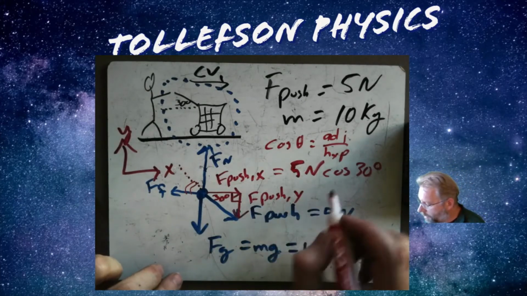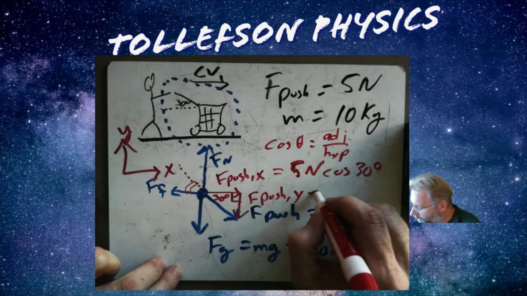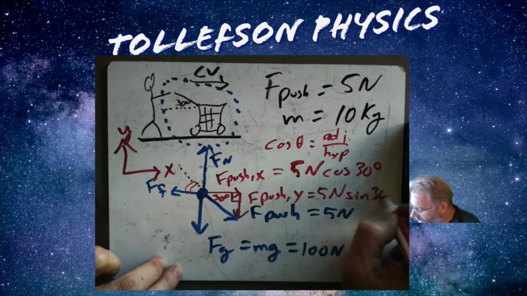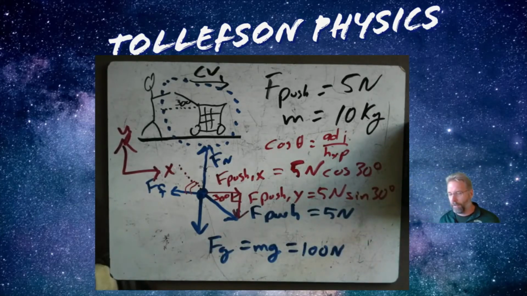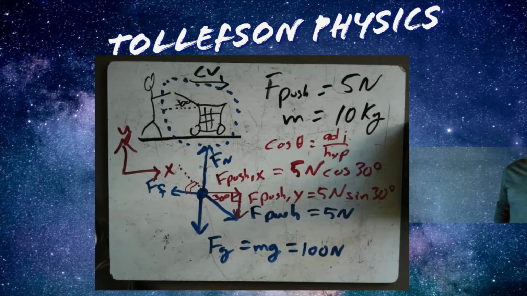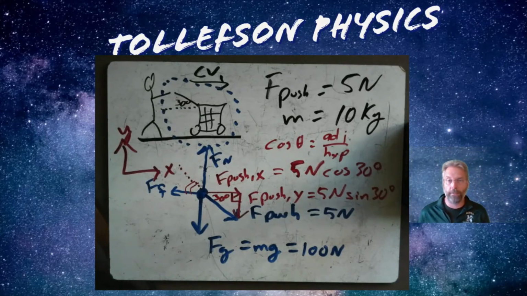And then I could do the same analysis in the other direction, and that's going to end up being 5 newtons times the sine of 30 degrees. And that's one of the things you got to make sure when you're switching from class to class, that when we're using degrees in this class, typically your calculator is set to degrees.